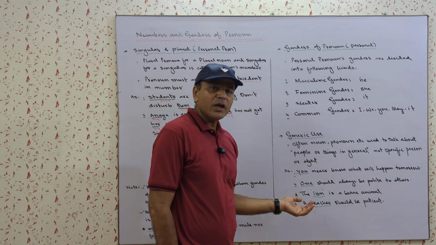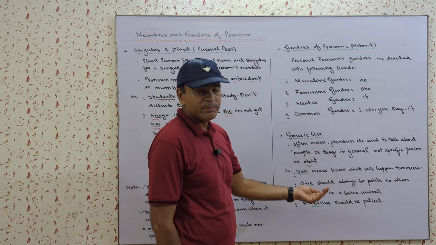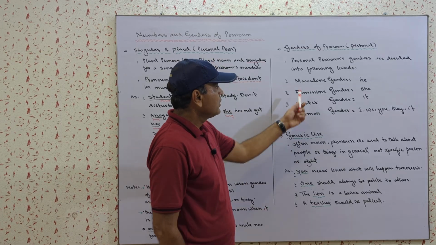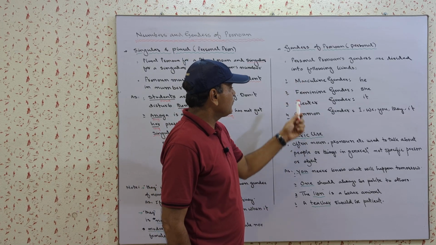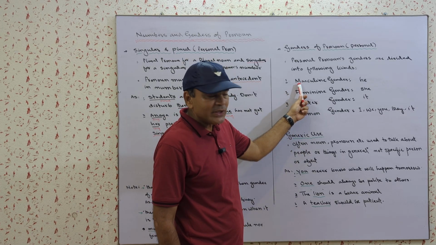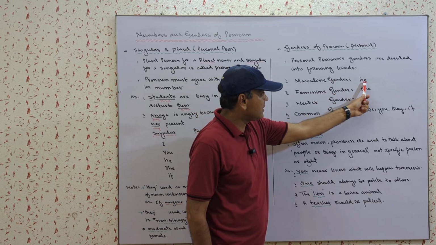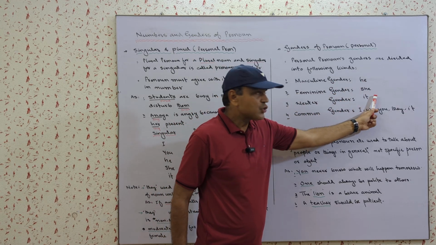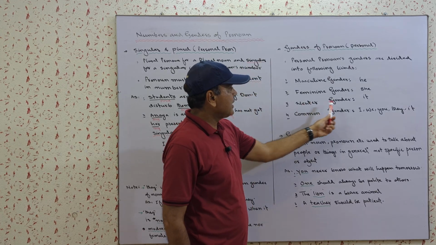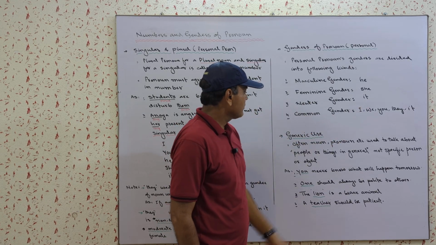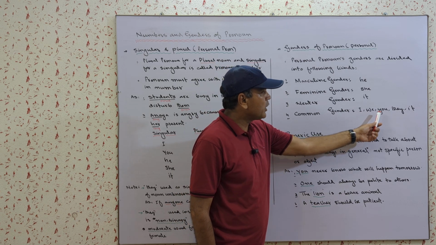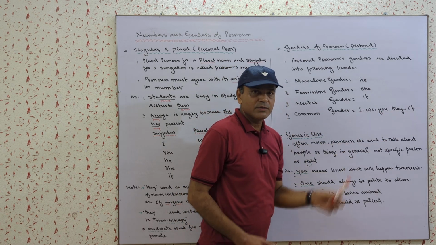And I am here talking about the personal pronouns, because my present topic is personal pronouns. So a personal pronoun also has 4 genders, that is masculine gender, and that is he; feminine gender, that is she; neuter gender, and that is it; and common gender, that is I, we, you, they, and it.